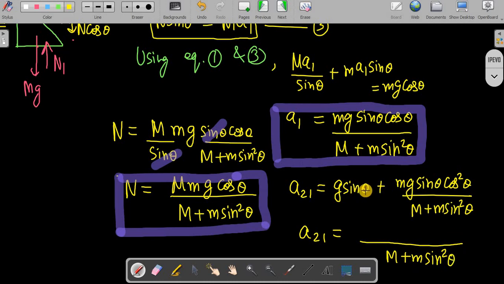But in the numerator we have, let us say, g sin theta. So this will be 1 times capital M plus small m sin square theta, and sin square plus cos square will become 1. Correct.